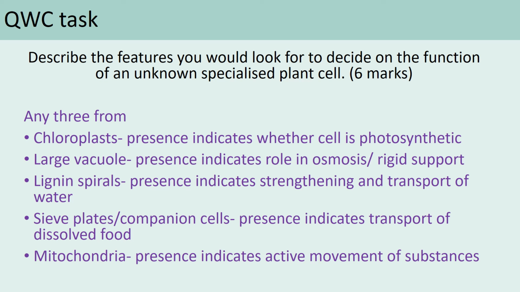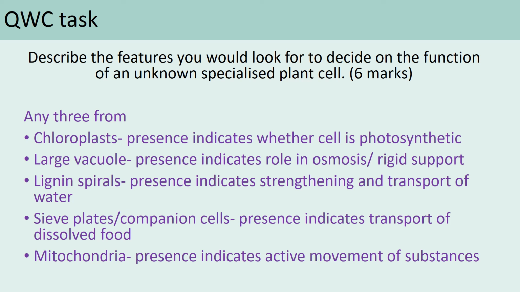And lastly, you might have spoken about mitochondria, because remember, mitochondria are involved in respiration. So they are producing energy, and energy isn't just for moving muscles. All organisms need energy to move things around in the cell or out of the cell or into the cell.